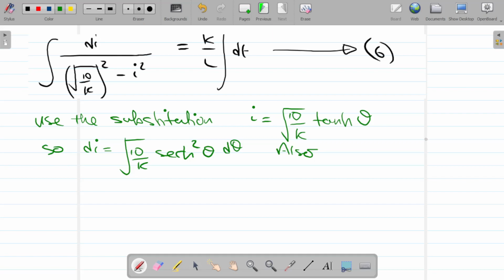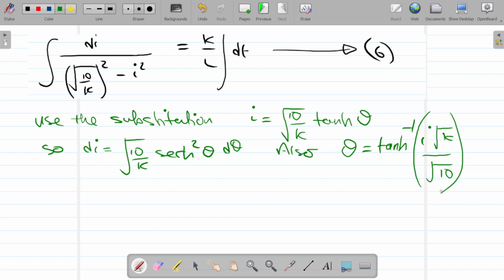If we multiply both sides by root of k and divide both sides by root 10, then we have tanh theta. And then, of course, taking inverse hyperbolic tangent functions of both sides, we have that.